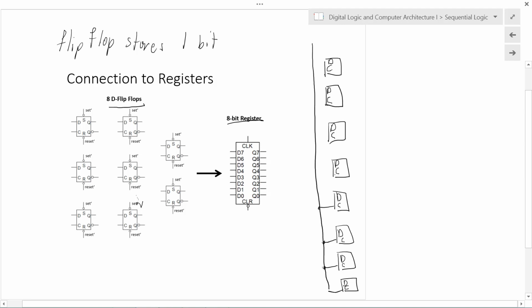So let's connect our clock. Our D inputs are brought out as inputs to our higher level circuit: D7, D6, D5, D4, D3, D2, and so on.